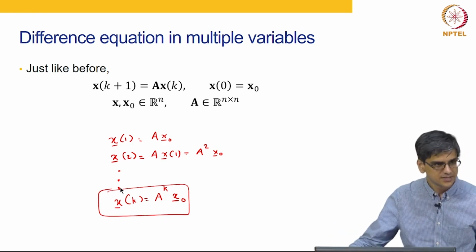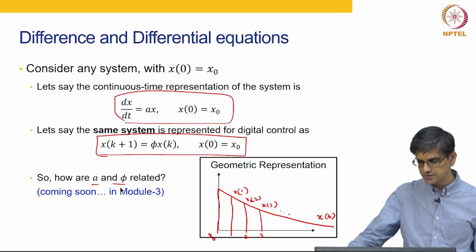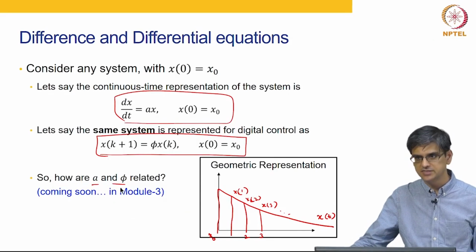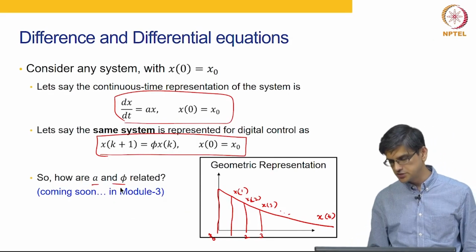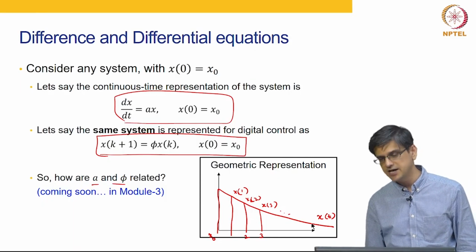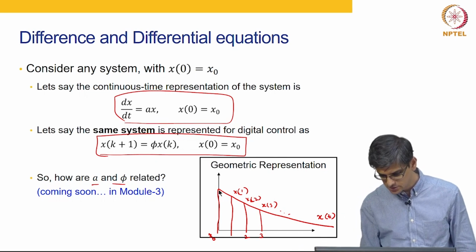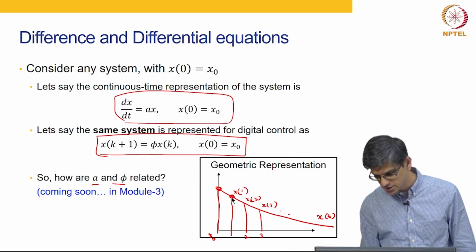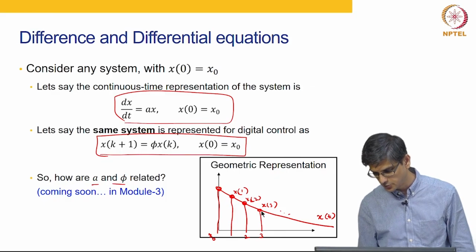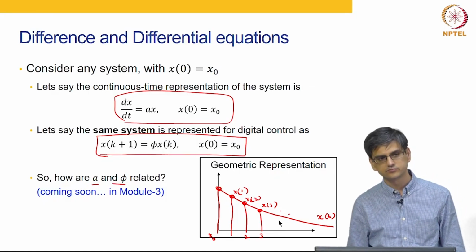Okay. So that is the equivalence, but there is a difference, and the difference is, for the differential equation, the solution is this entire red line. The difference equation solution is only these points. Okay.